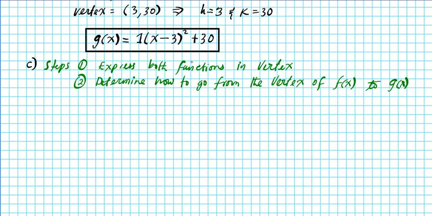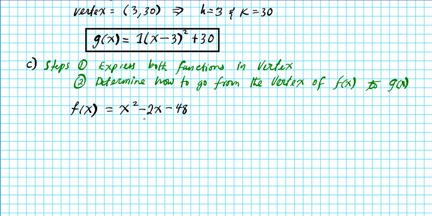Alright, so the nice thing about this problem is that g of x is already in vertex form. We just have to direct our attention to f of x, which is not in vertex form, and we can use the vertex formula to do this, or we can use completing the square, whichever you like.